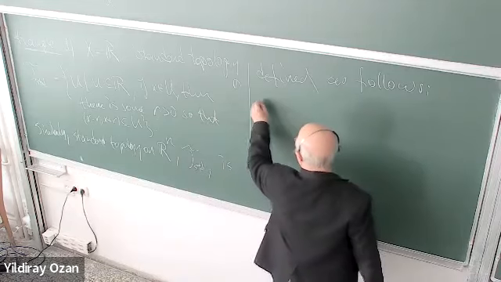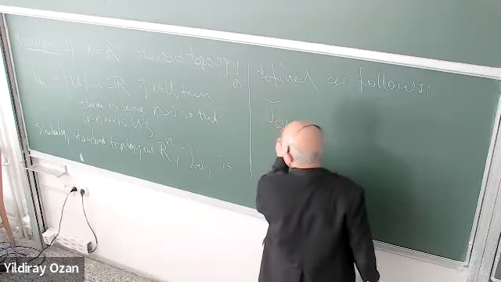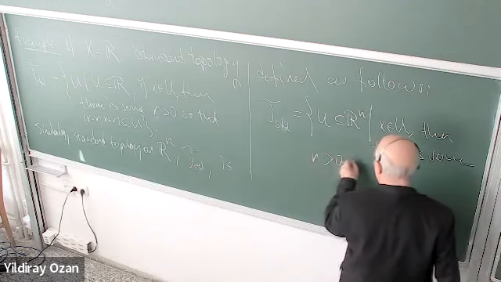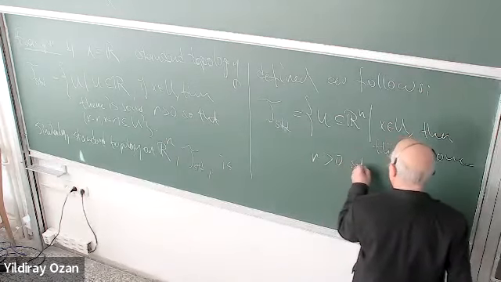So the same definition as the standard topology on R. They are subsets U of Rn such that if x is in U, then there is some r positive such that the ball with center x and radius r lies in U. So what we mean by this ball is just the set of all y's such that the norm of x minus y is less than r.